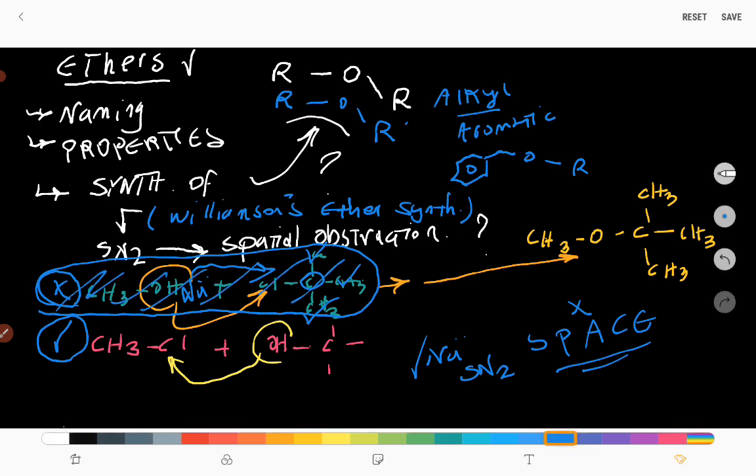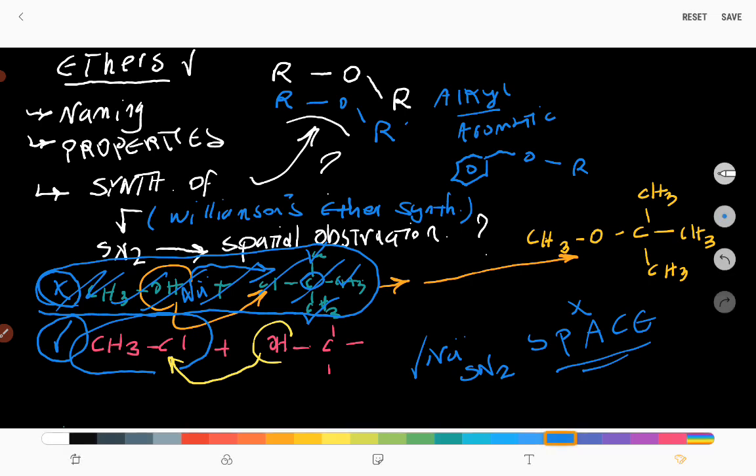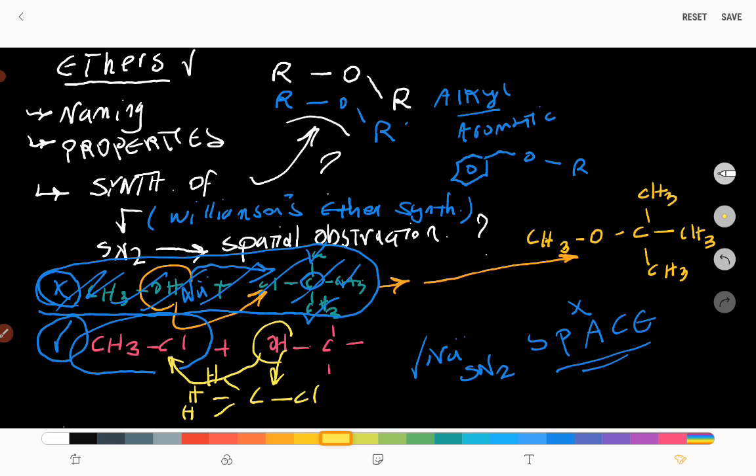But in the second type of reaction, when the tertiary butanol wants to attack the methyl chloride, you see you have a carbon attached to a chloride and three hydrogens, and there is enough space for the OH to attack the carbon. So that was the spatial obstruction in the Williamson ether synthesis.